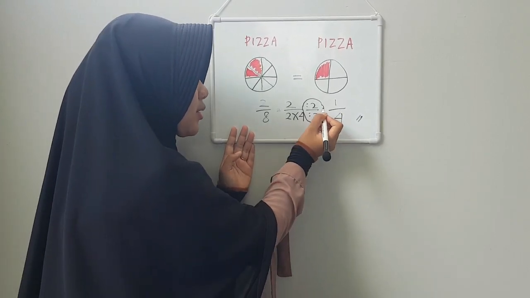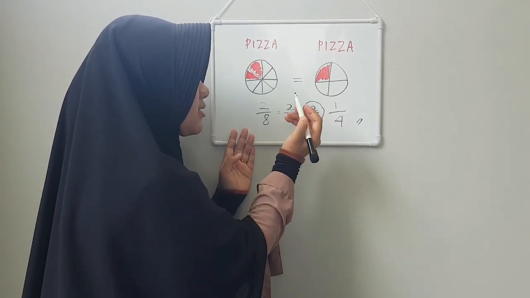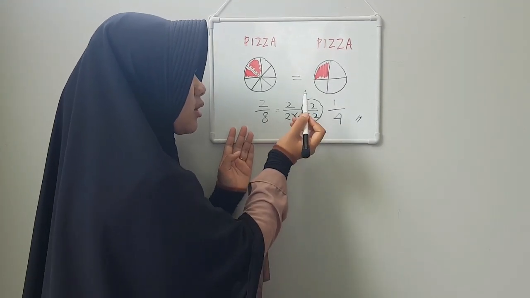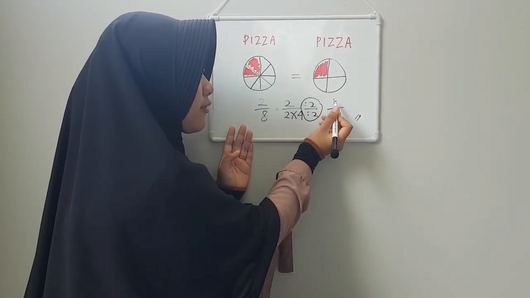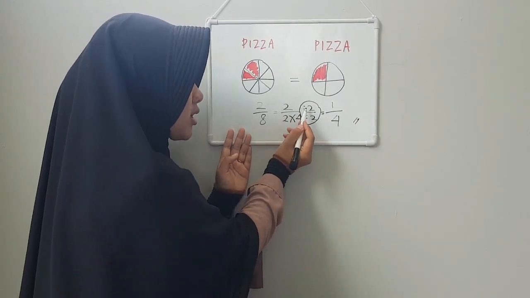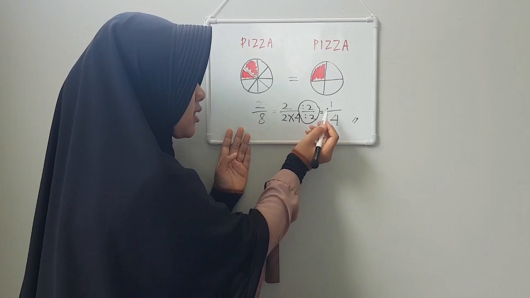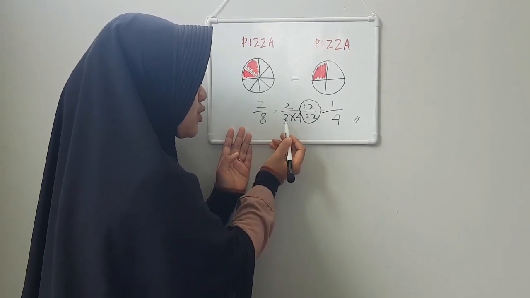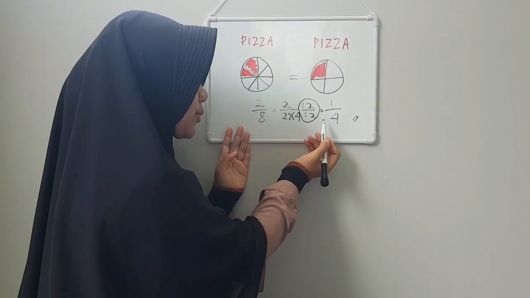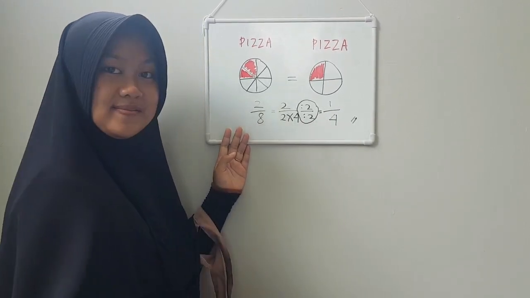So when we divide by 2, we will get 1 over 4 like this. 2 divided by 2 is 1, and 2 multiplied by 4 divided by 2, we will get 4.